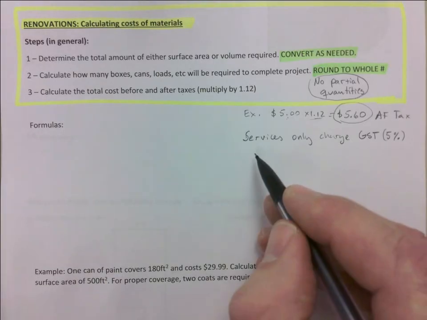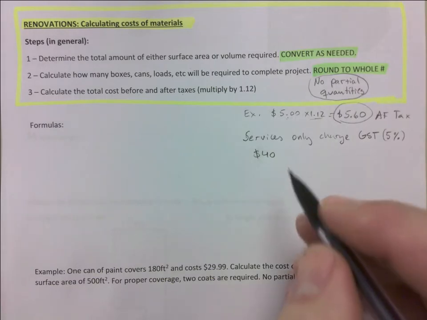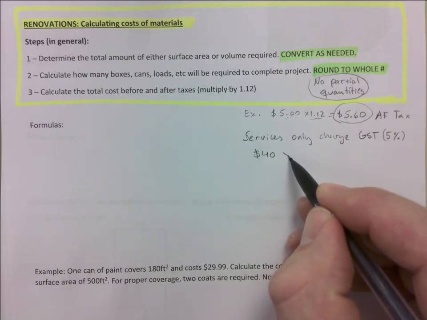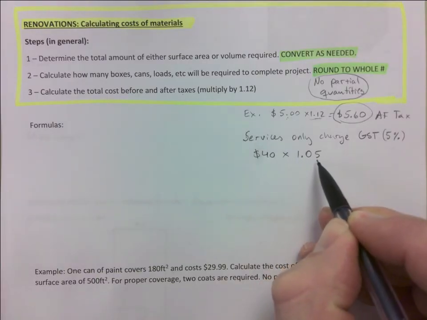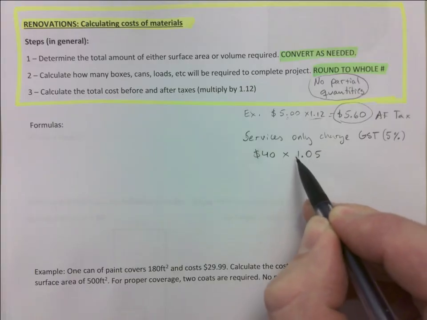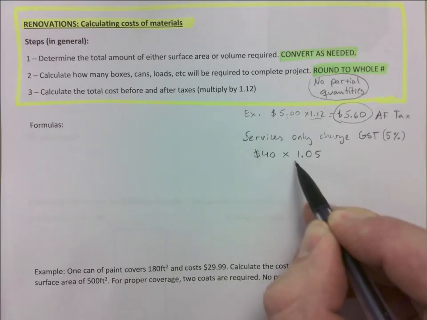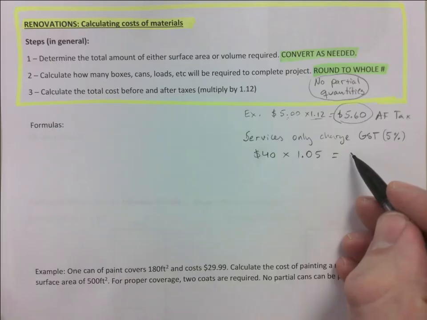Okay. So let's say you pay $40, good luck, $40, they won't even come out, but let's just say, in that case, we would only want to multiply it by 1.05, because 100% plus 5% is 105%, right? Turning 105% into a decimal would be 1.05. So that would be $42.